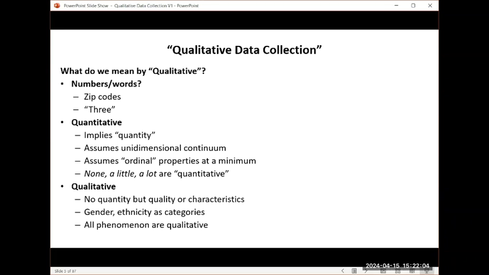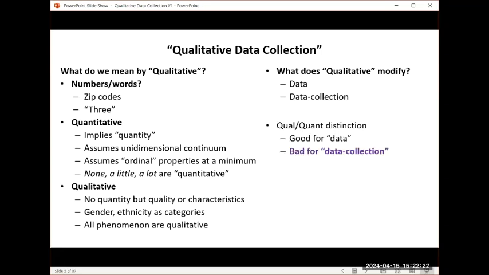If we define qual and quant this way, then the question is what does qualitative modify: data, or collection? You can modify data, or you can modify the compound noun data collection as an activity. Throughout, I think we have to be very careful in applying qualitative, the adjective, to data.